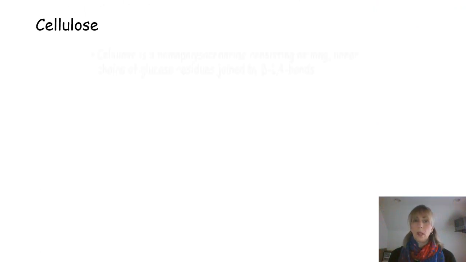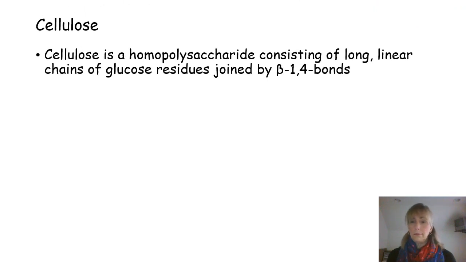Okay? Cellulose. It is a homopolysaccharide. So that means it's going to have the same unit, repeating, right? So it consists of long linear chains of glucose residues or glucose monosaccharides all linked together.